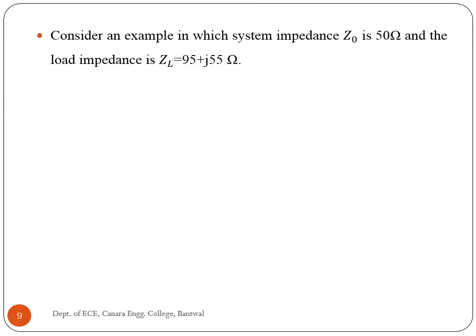Consider an example in which system impedance is 50 ohm and the load impedance is 95 plus j55 ohm. Here we will see how to mark the impedance on the Smith chart and how to find out the admittance for that corresponding impedance on the chart.